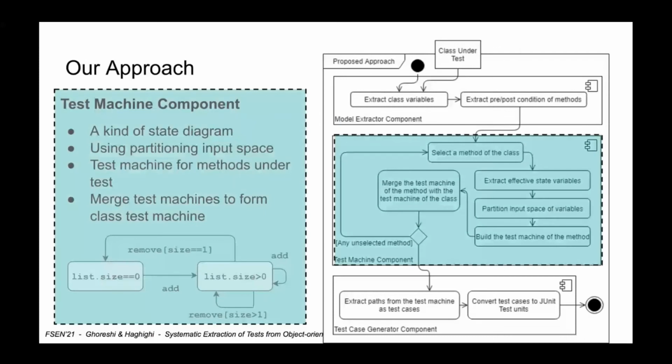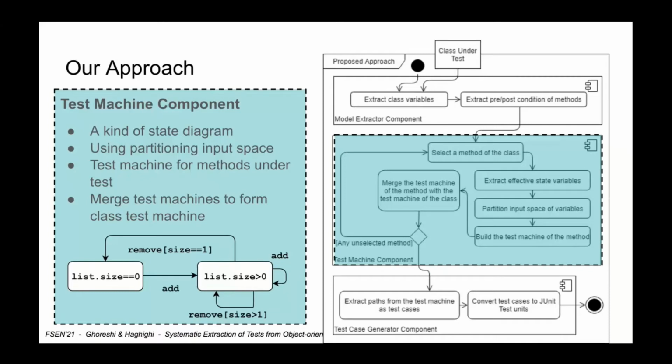The next component is the test machine component. Based on the logical model extracted in the previous step, and the class under test, it is the turn of this component to extract a test machine for that class. The test machine is a kind of state chart whose states contain the state space of the class and the transitions correspond to class method calls. As an example, you see a very simple test machine for a class.